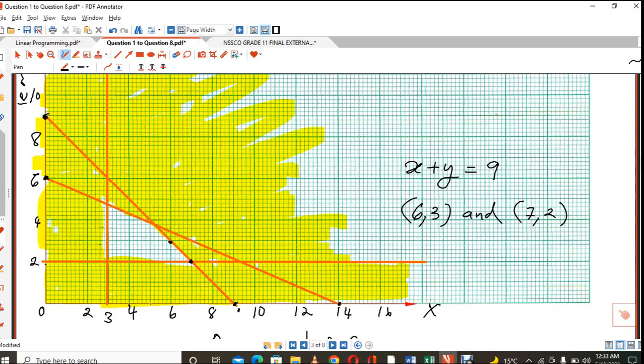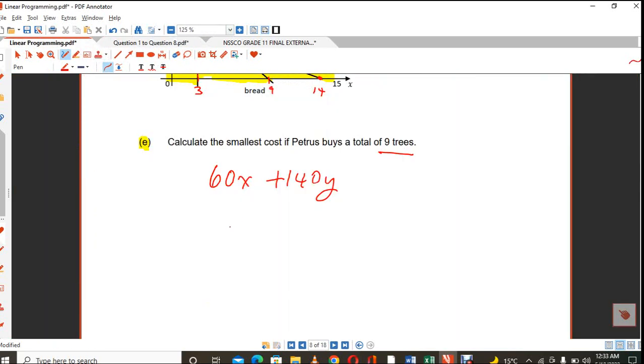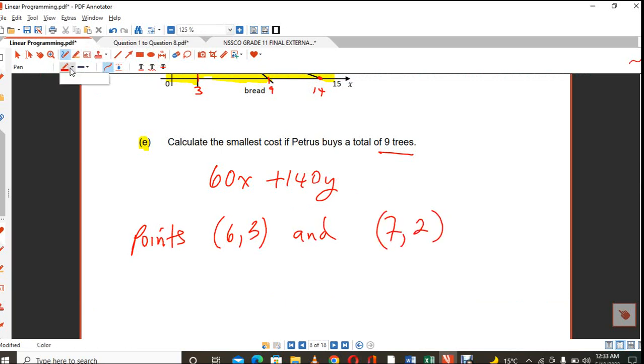There's another one here, but you can see it's not clearly at the 4 there, so I'm not going to use that. Let us go back to our cost. The points I'm going to work with are 6,3 and 7,2. That is the value of x, y.